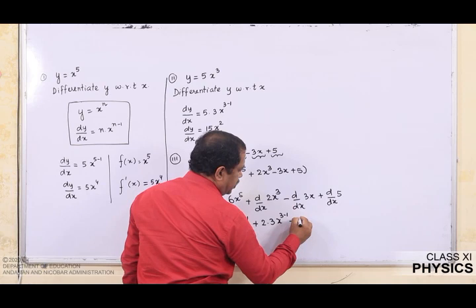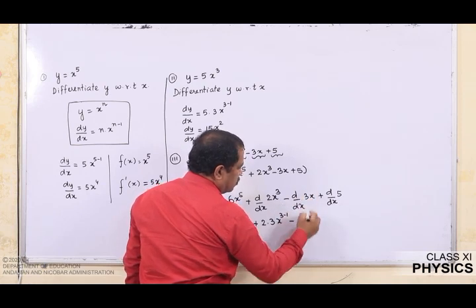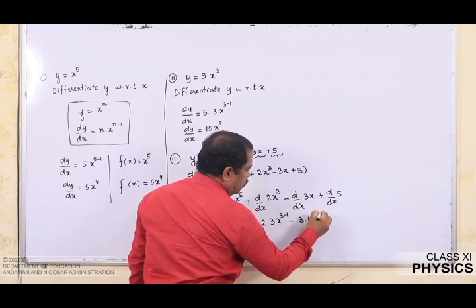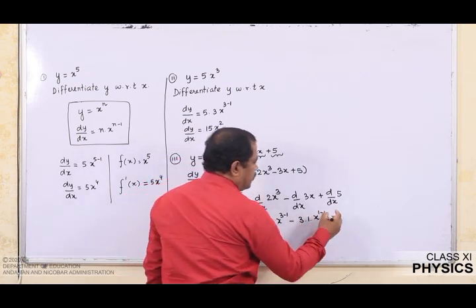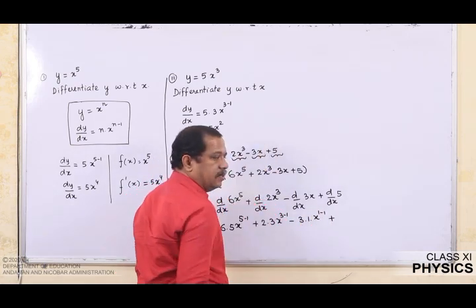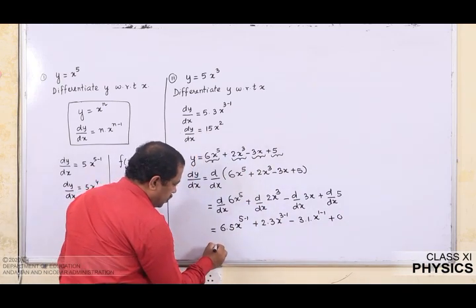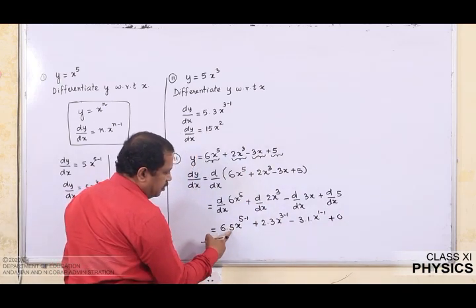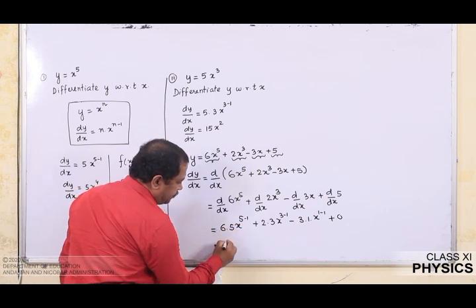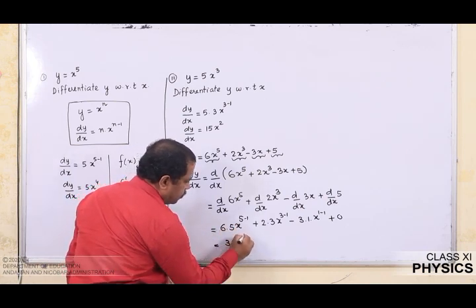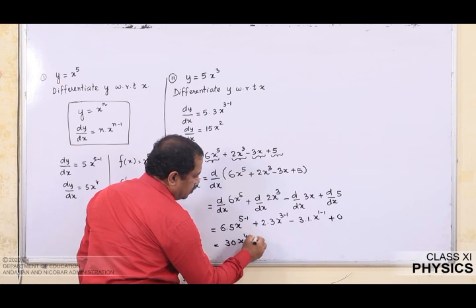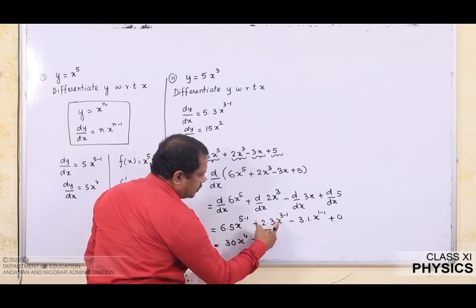Minus 3 times power is 1, so 3 times 1 x power 1 minus 1. Differentiation of a constant, as we have already studied, is equal to 0. In that case, I have 6 5s are 30, 30 x power 4, plus 2 times 3 is 6, 6x square.